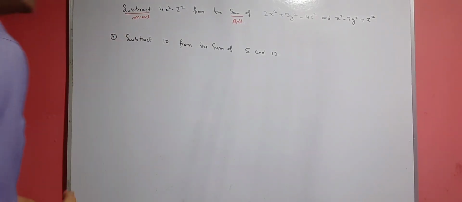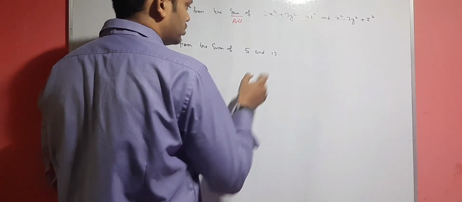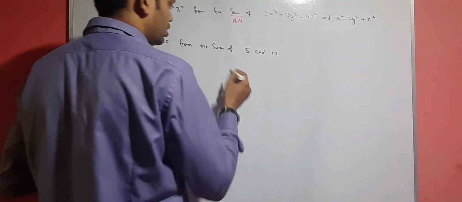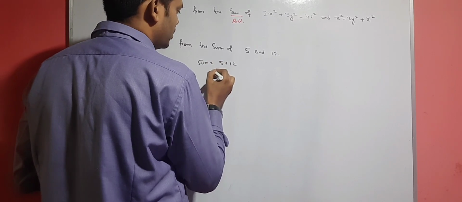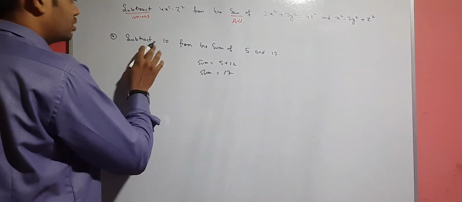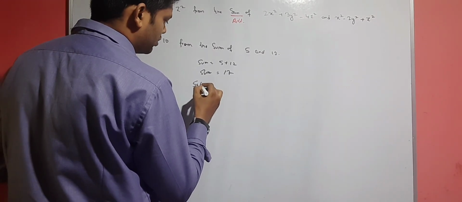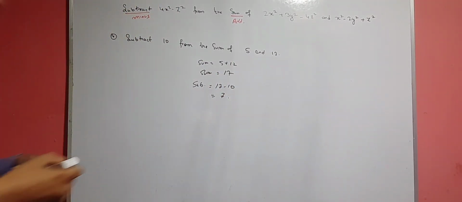Subtract 10 from the sum of this one. We'll do this addition first: the sum of 5 and 12 is 17. We got the sum, then subtract: 17 minus 10, so the answer is 7. Very easy question.